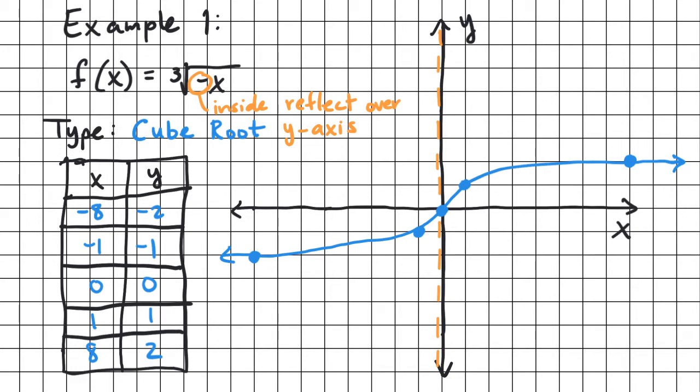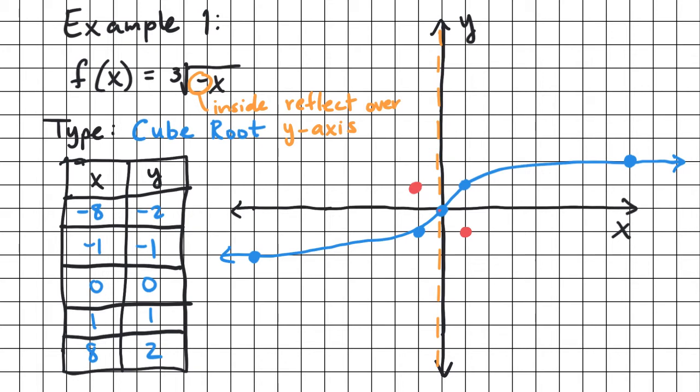So for example, the point that was over here is going to be reflected to the other side, which would be located over here. So my new point would go over here. This point that was on the left side will now move to the right, same distance away.